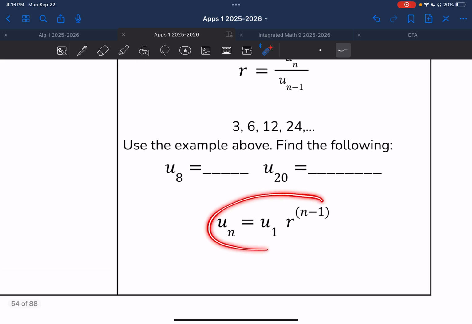And we're going to use this formula to find our nth term.